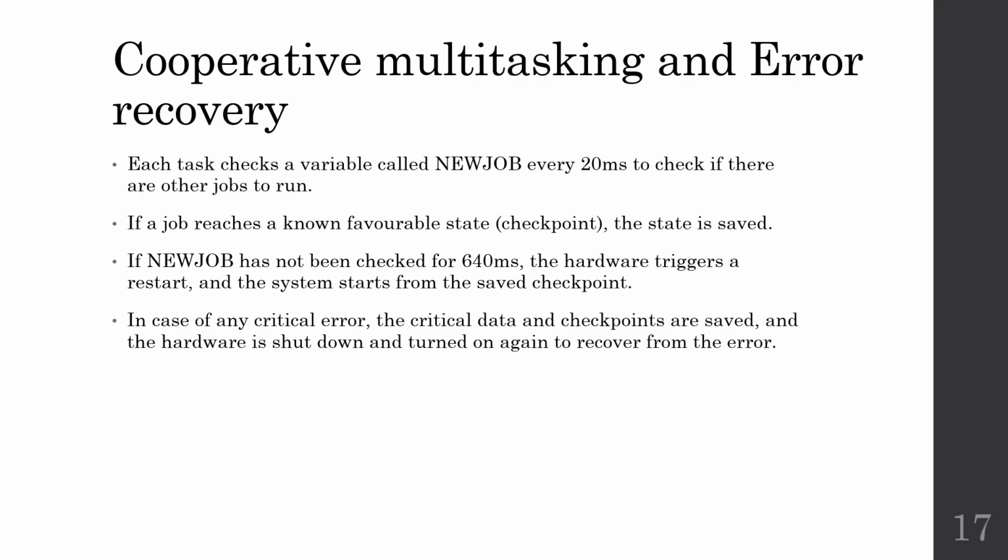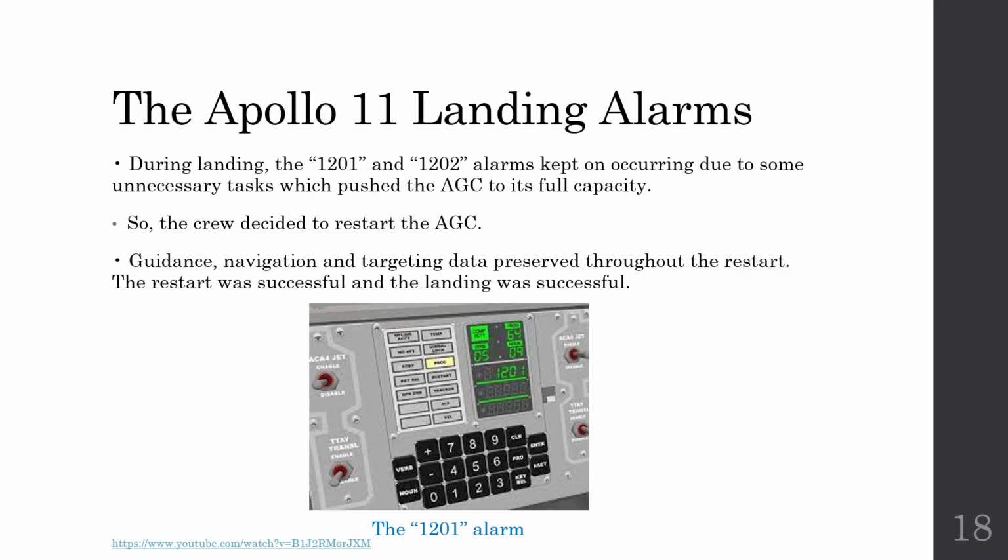So in case of any critical error during landing or during the mission, this safety mechanism makes sure that a favorable checkpoint of the program is stored and then it restarts the entire system so that it can continue from the saved checkpoint and proceed to recover from the error.